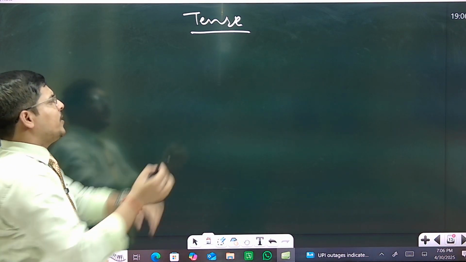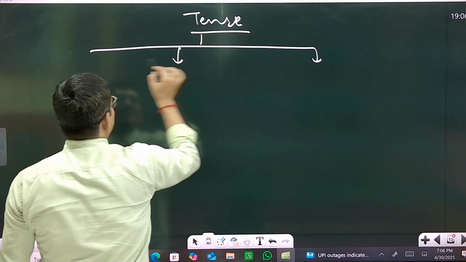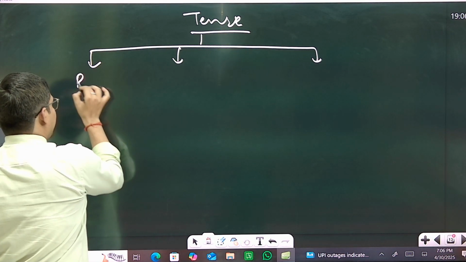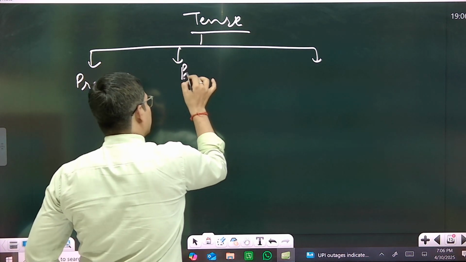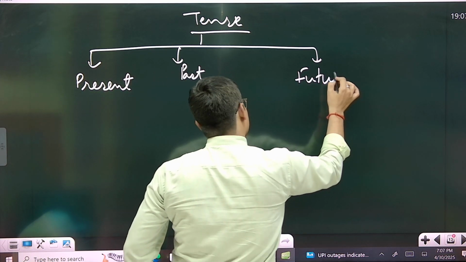Now, how many types of tenses are there? We all have studied. There are three types of tenses, which are present, past, and future. We all know this.